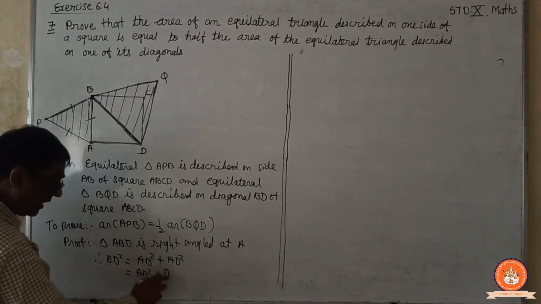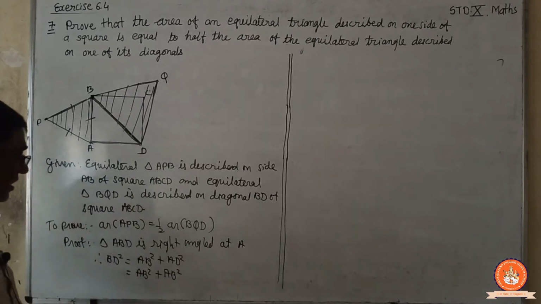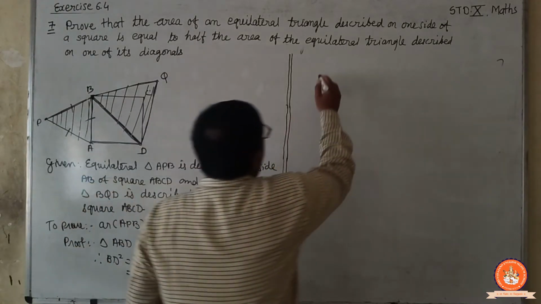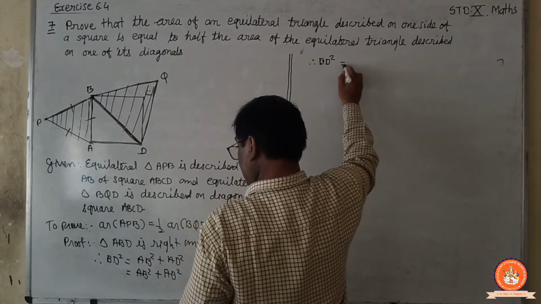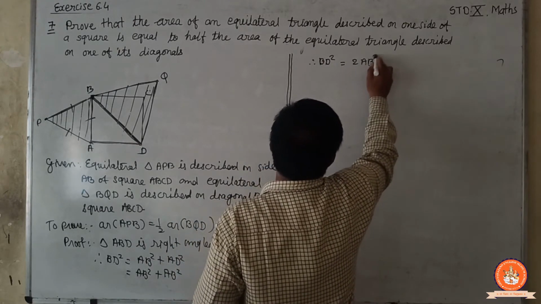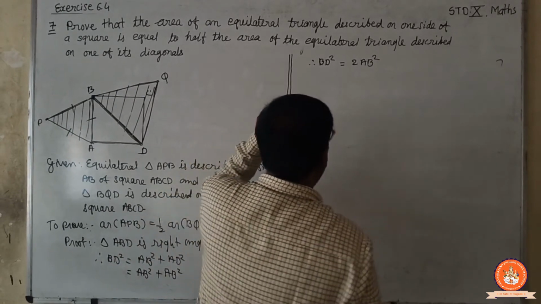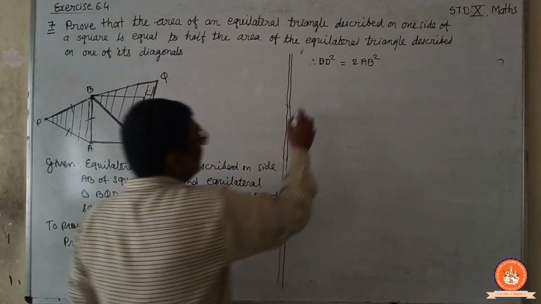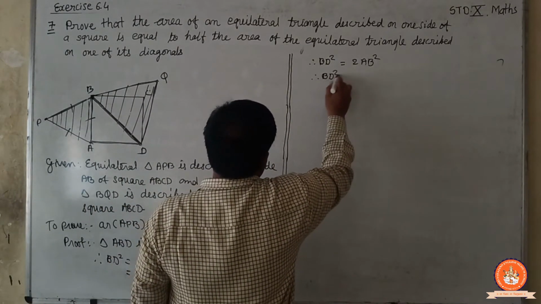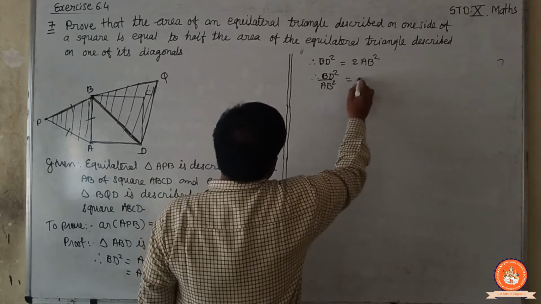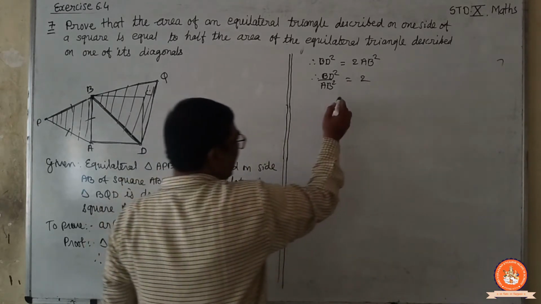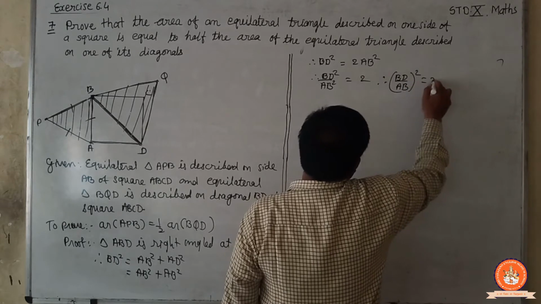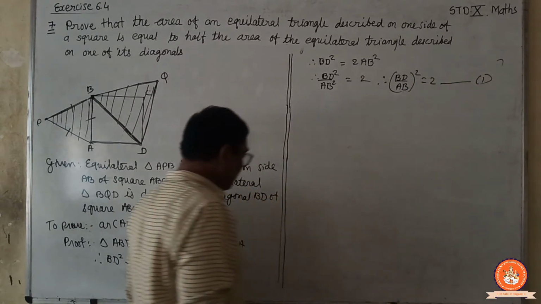So in place of AD square, I can write AB square because AB and AD both are sides of a square. Therefore BD square is equal to 2 times AB square. Therefore BD square upon AB square is equal to 2. So I can write that BD upon AB, the whole square, is equal to 2. This is result number 1.